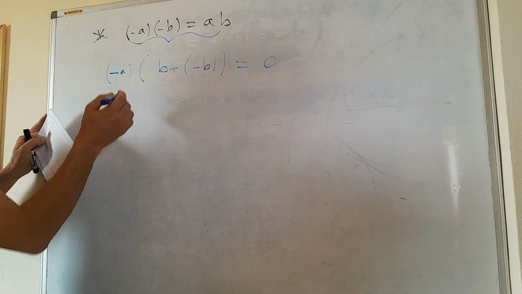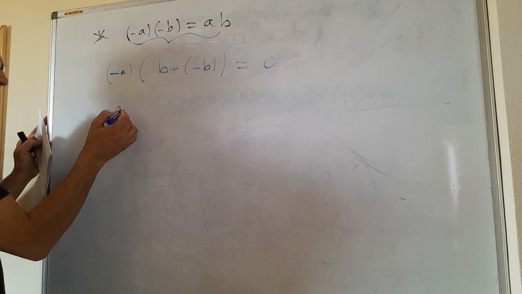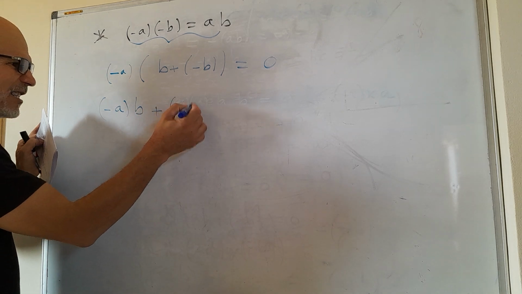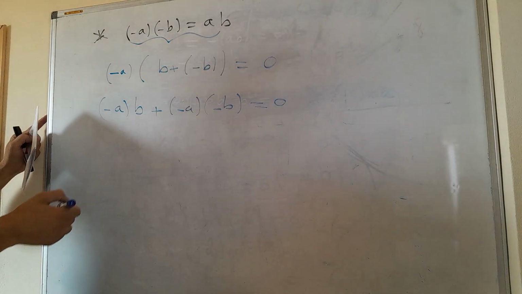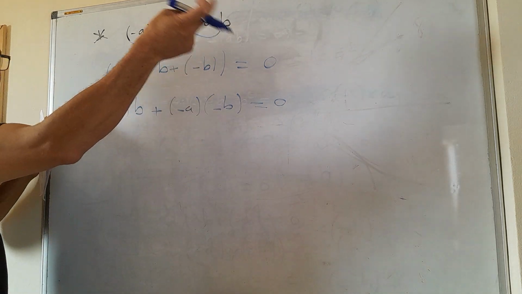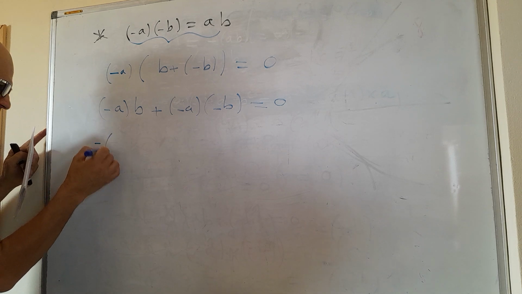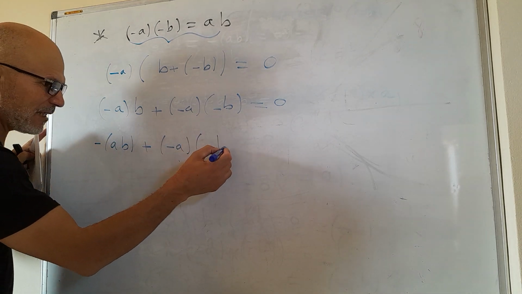This is equal to 0. And on this side we can write (-a)b plus (-a)(-b), this is equal to 0.